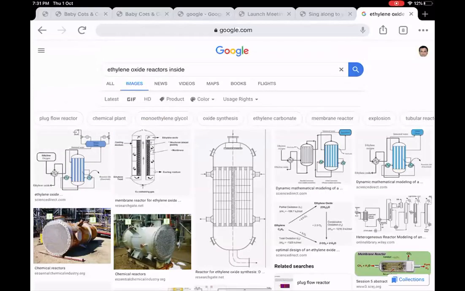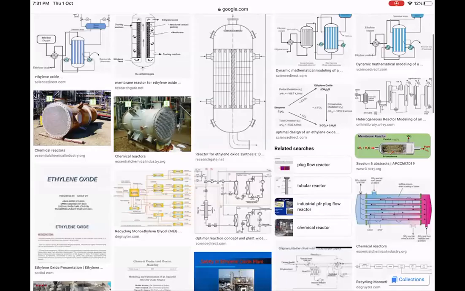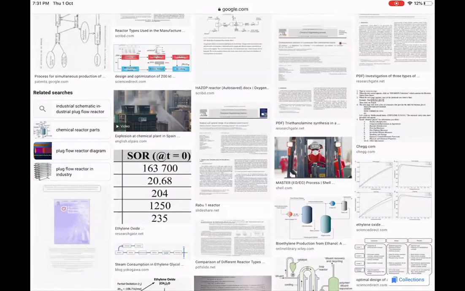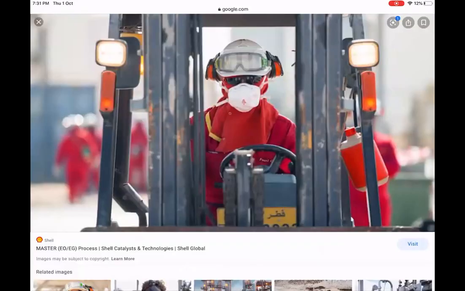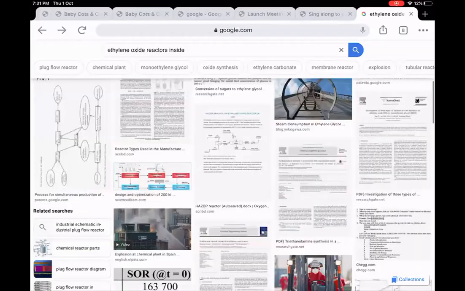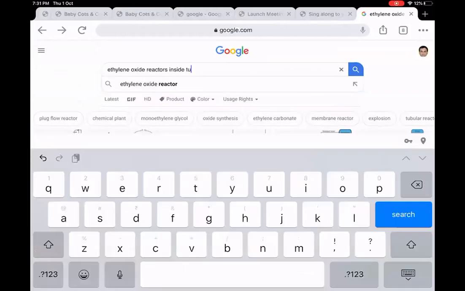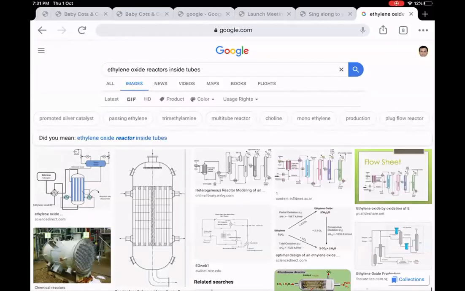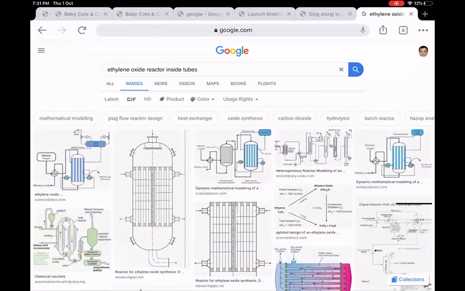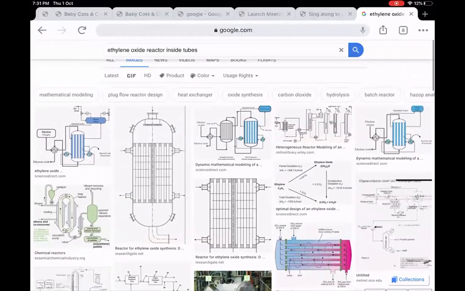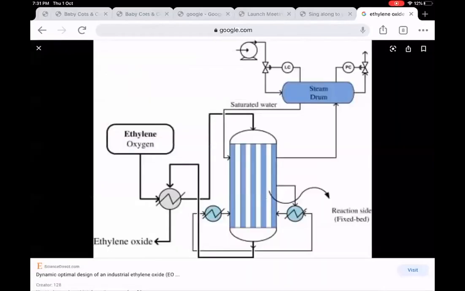I'm not getting the right pictures here, but this is how an EO reactor looks, with tubes inside.